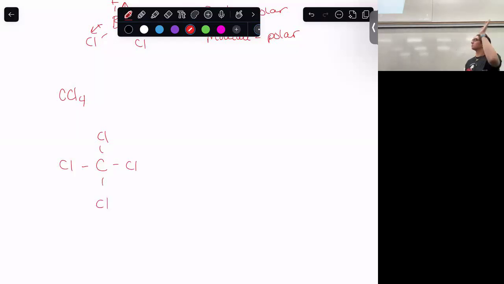Right, we have carbon and 4 chlorines on the side. What do our dipoles look like? Do we have any? Those are pretty close to being not polar. Those are close, but we'll say carbon is 2.5 and chlorine is 3.6. Perfect. Yep, it's going to be going towards the chlorine.